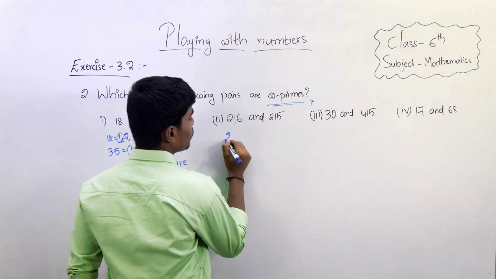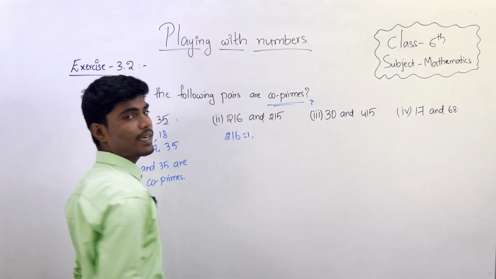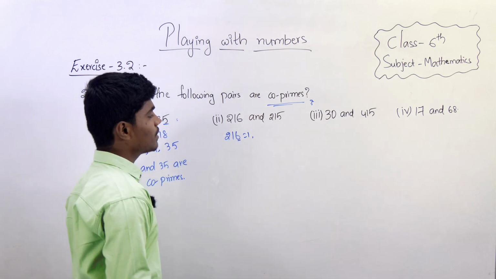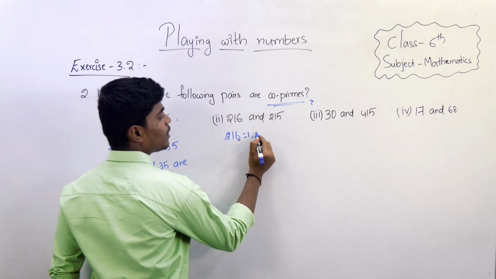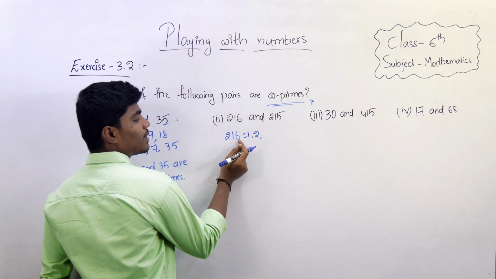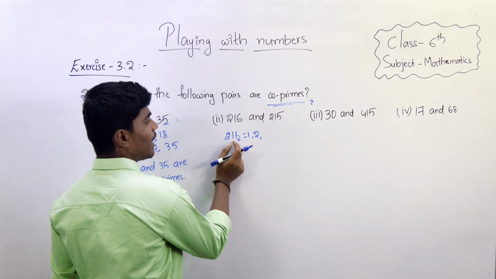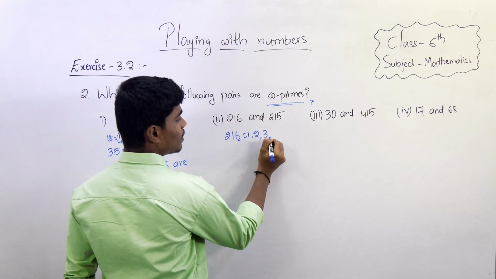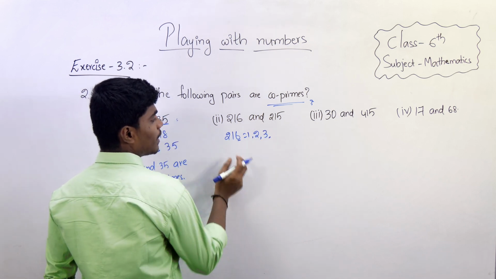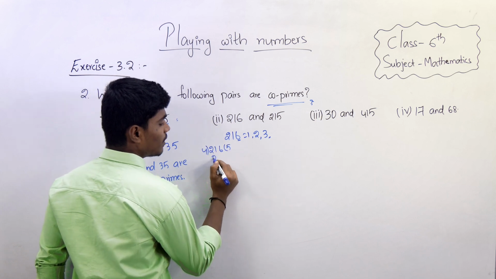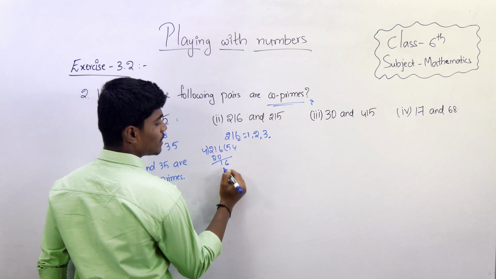Okay, now let's move to 216 and 215. See, factors of 216. 1 is a common factor. Next, in the ones place we have 6, so it is divisible by 2. Sum of the digits, 6 plus 1 is 7, 7 plus 2 is 9, 9 is divisible by 3, so 3. Okay, here 216 divided by 4, 4 5s are 20, 1 left, 4 4s are 16.